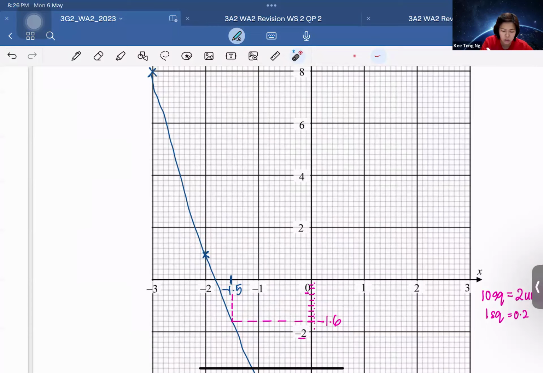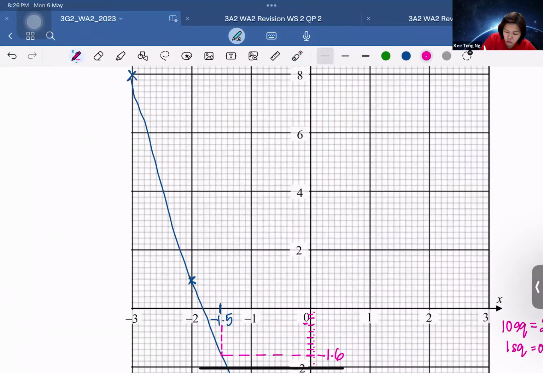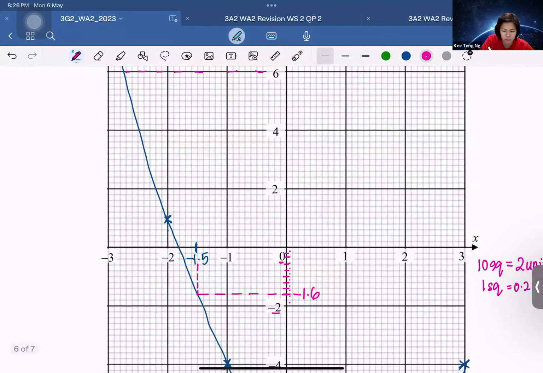Usually there are two answers. So when y equals 6, I draw my dotted line across to touch my graph. So in this case, go left. Sometimes go left and right. My answer is not a very nice number, it's in the middle of nowhere.